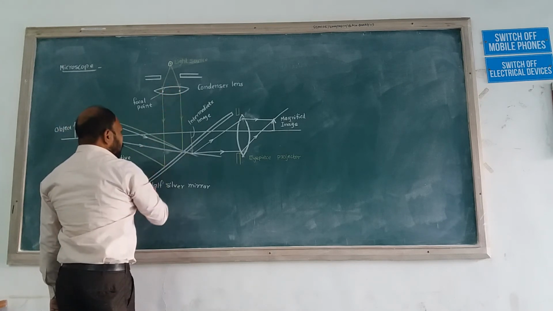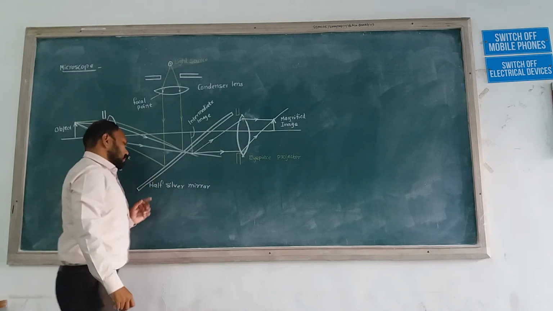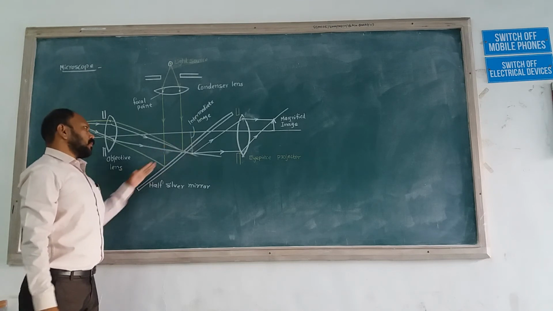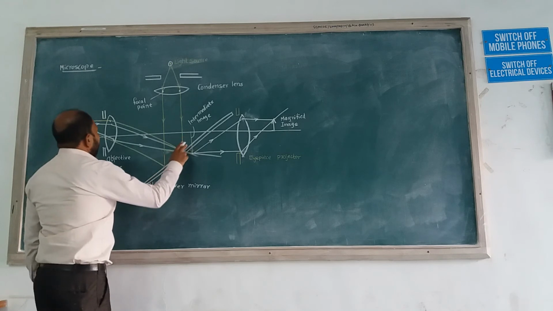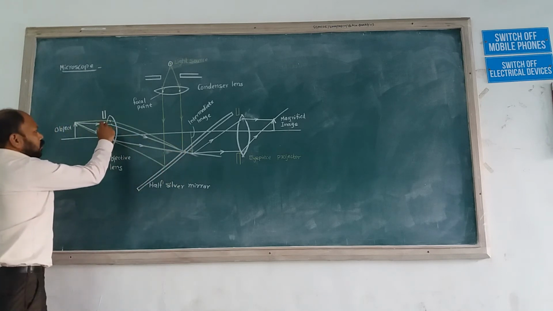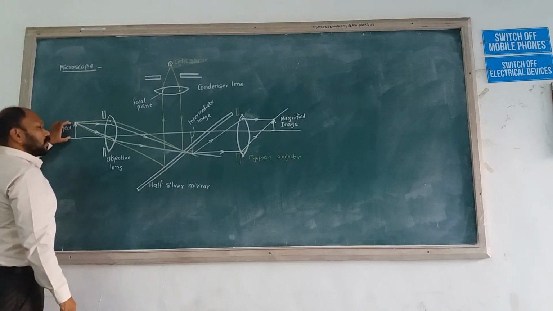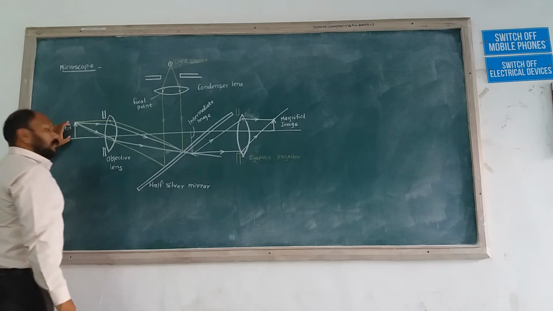After that, one mirror is provided, and this mirror is called a half silver mirror. After that, the objective lens is required. Then here the object is placed, which we want to magnify.